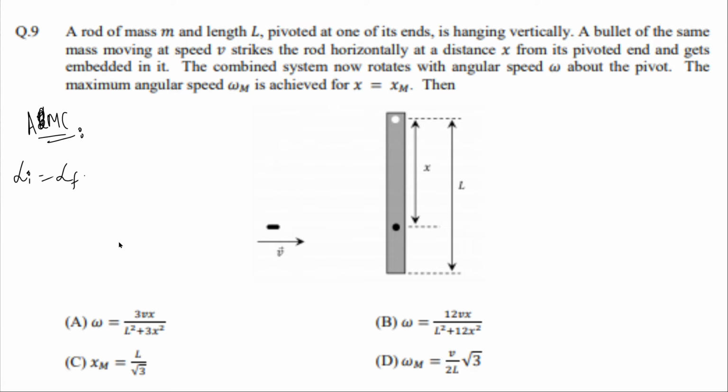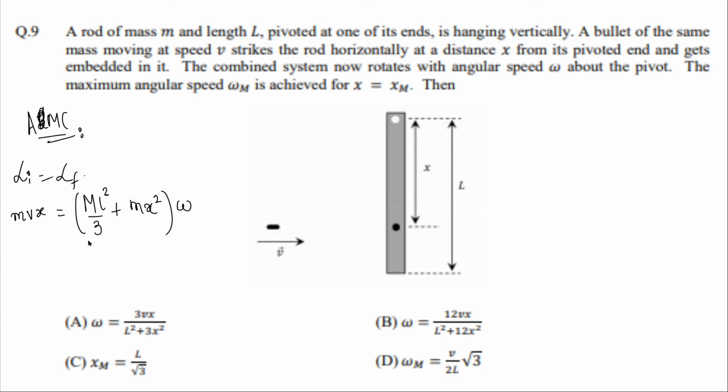Initially the angular momentum of this bullet is mass of bullet into velocity of bullet multiplied by the perpendicular distance between the axis of rotation and the point of striking, that is x. And final angular momentum would be ml square by 3 plus the moment of inertia of the rod plus the moment of inertia of this bullet, that is m x square, times omega.